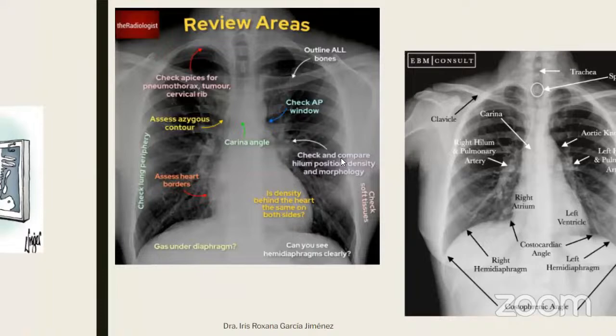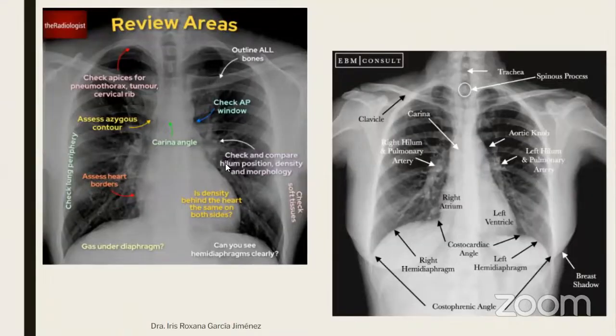This slide, in my opinion, is important because here we are checking some anatomical structures, some anatomical details that are important. Here we have the anatomical references, for example, trachea.